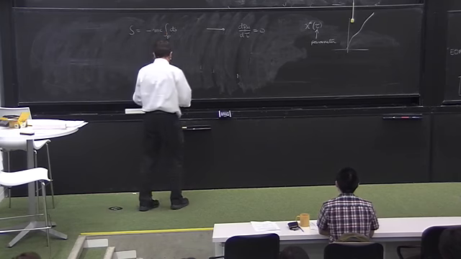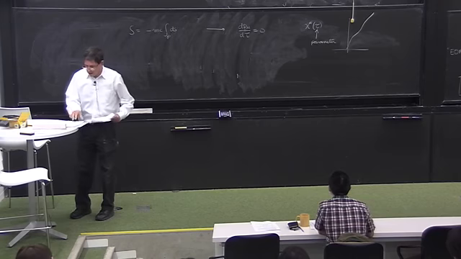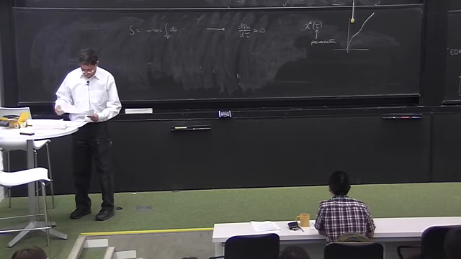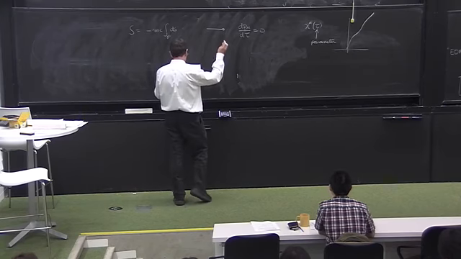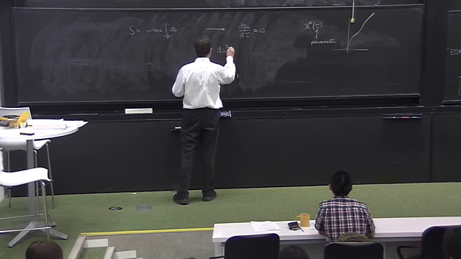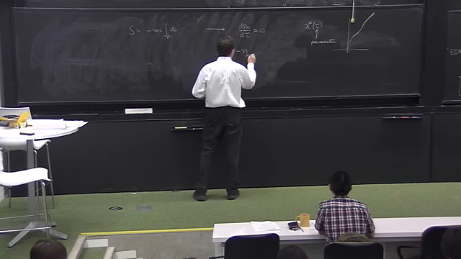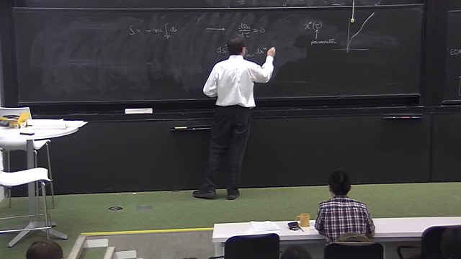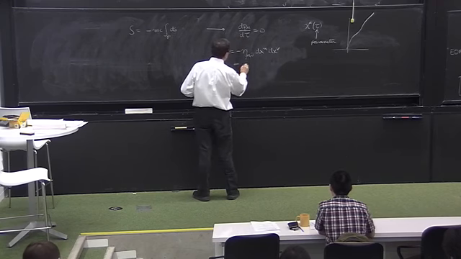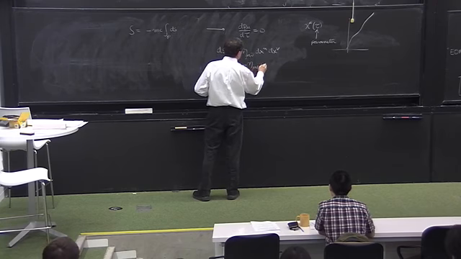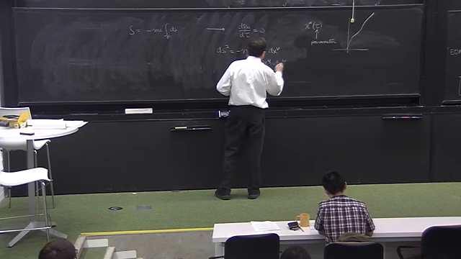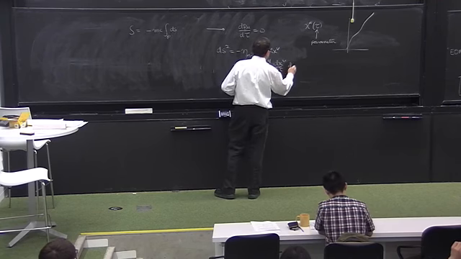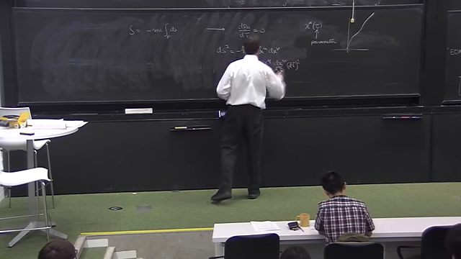Now, I'm over time, and I'm going to do 1 second more, and we'll be done. ds squared, if you remember, is minus eta_mu nu dx^mu dx^nu. So this is minus eta_mu nu dx^mu/d tau dx^nu/d tau, squared.